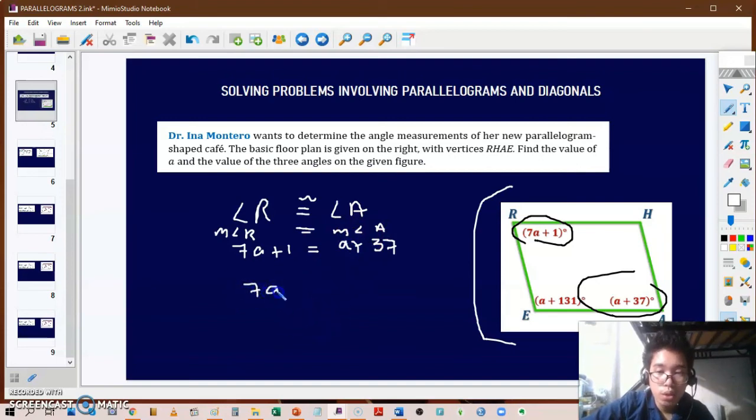So 7A minus A is equal to 37 minus 1. It's going to be 6A equals 36, and therefore the value of A is going to be equal to 6.